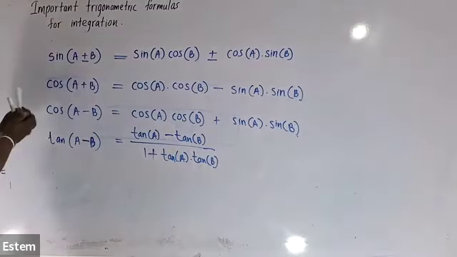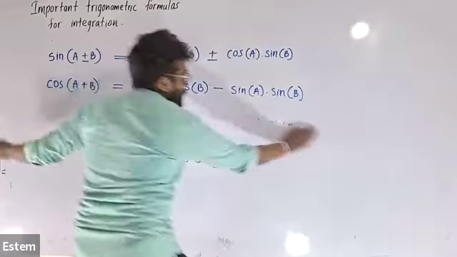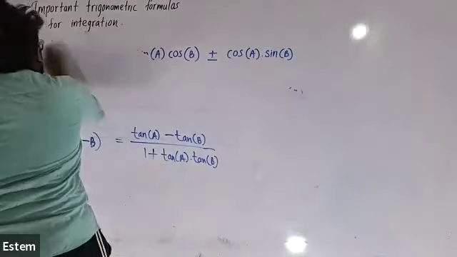Write this also. Hurry up and write this also. Cos A plus B, sin A plus B, they are okay now.